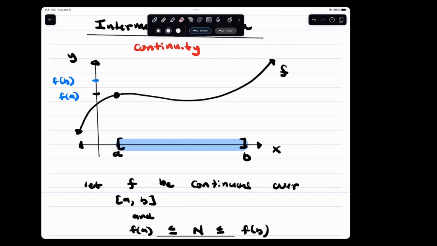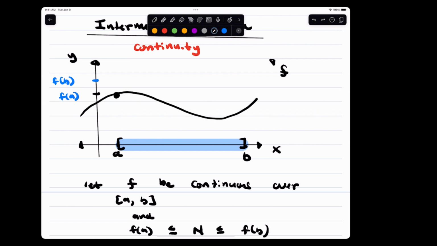So I'm going to kind of make it maybe, I guess I have to do it a little bit more dramatic. Okay, so try to be more dramatic.